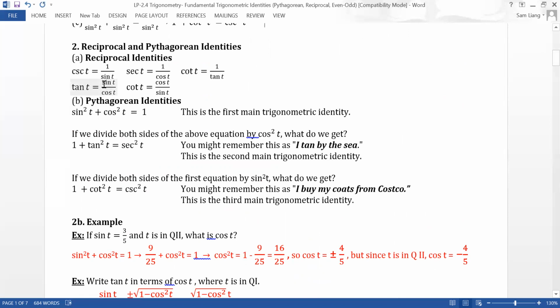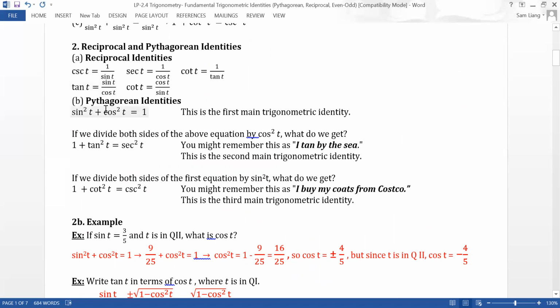So SC, sine over cosine, and his skin is tannish colored. If it helps you remember, please remember it. If not, then whatever. But tan t equals sine t over cosine t. That's how I remember that.